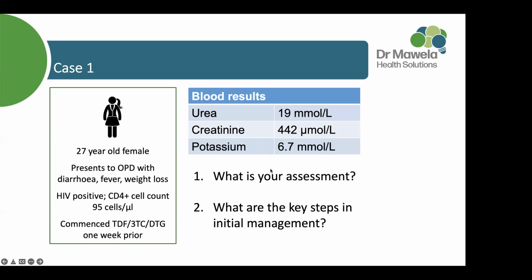So it's a 27-year-old female who comes with diarrhea. She's got a CD4 count of 95. She was recently started on TLD. She's got a high potassium and rising urea and creatinine. Does she have acute or chronic kidney injury? Let's all participate. I'll give you a few seconds to do that. All right.